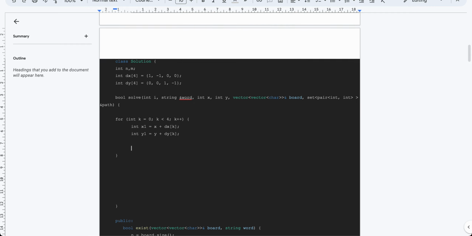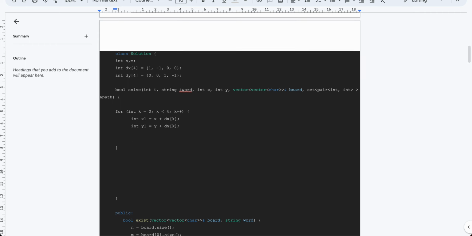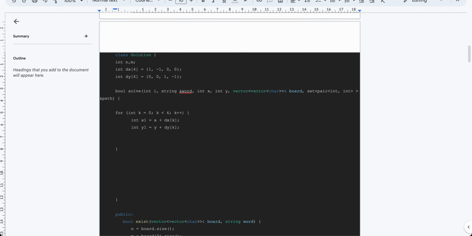So if we can go to x1, y1, we can directly check if x1 is greater than or equal to 0 and x1 is less than n, and y1 is greater than or equal to 0 and y1 is less than m.